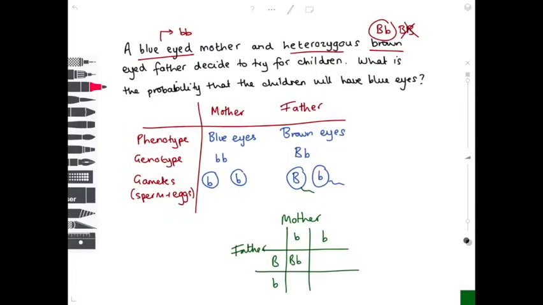So big B small b, big B small b, small b small b, small b small b. And therefore both of these will have blue eyes. Both of these will have brown eyes. So as a percentage likelihood, it's 50% will have blue eyes and 50% will have brown eyes.